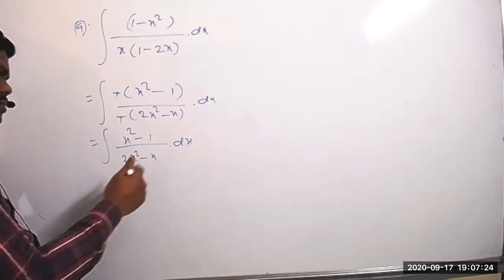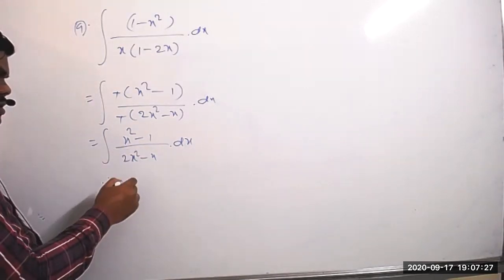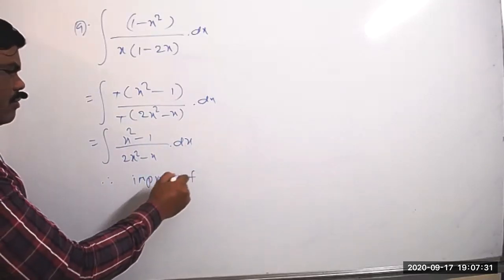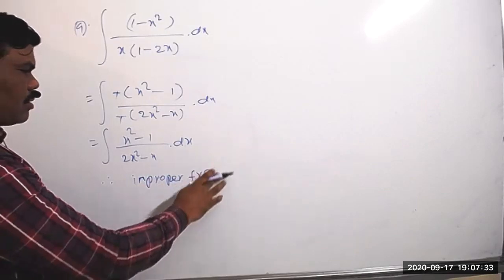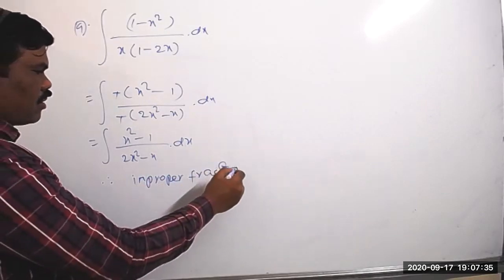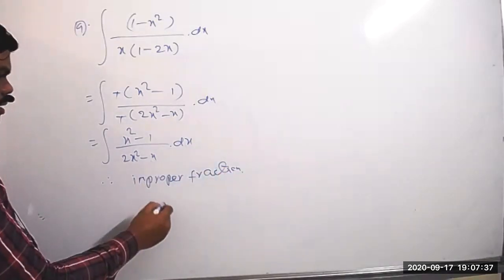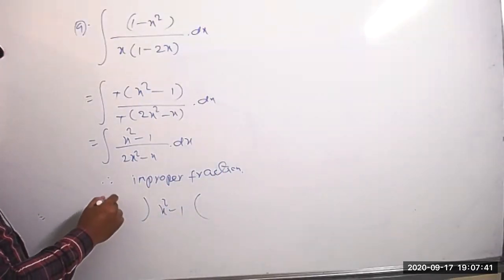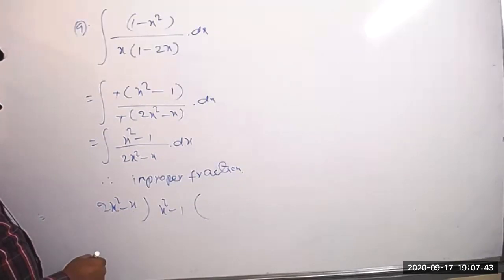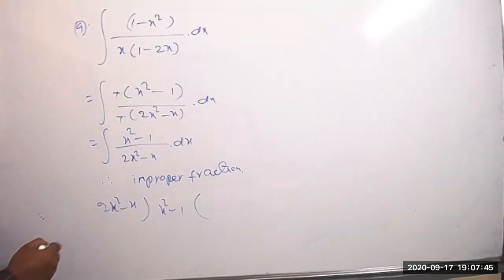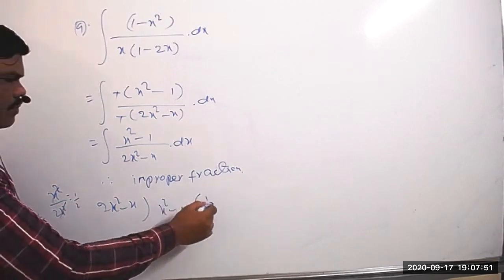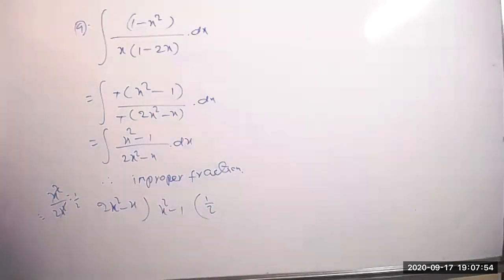We can clearly write now. So therefore, the given function is an improper fraction. Then I can write x square minus 1 as the dividend under the divisor 2x square minus x. The first term: x square by 2x square, this will be cancelled, equals 1 by 2. 1 by 2 you can write here.